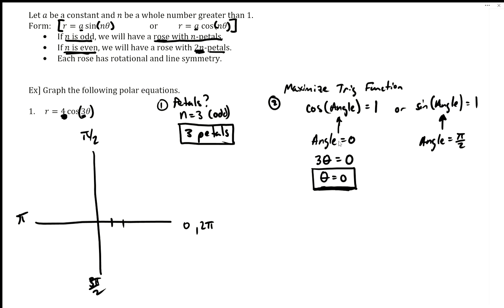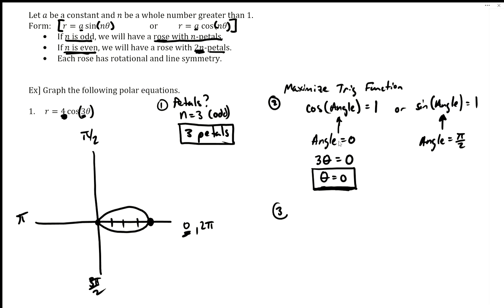So we've got 1, 2, 3, 4. Here's angle 0, and then go toward it a length of 4. There's my point, and from here, we know that's where 1 petal will be. So we draw this loop-type shape the best we can. This is the first petal, and now we're going to use all of the symmetry to help us with the rest.